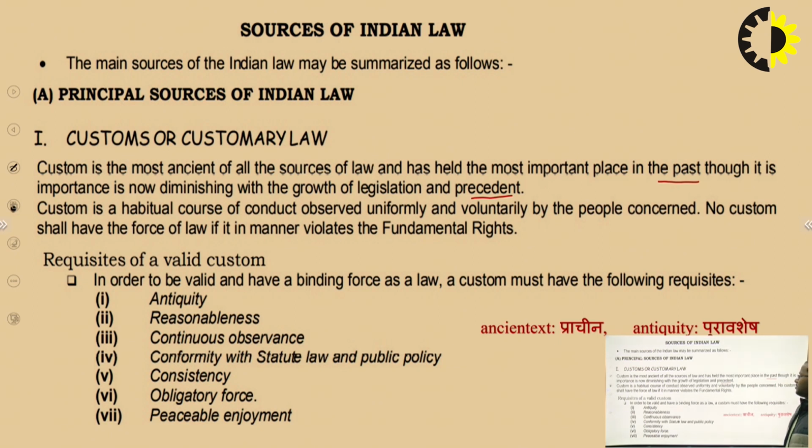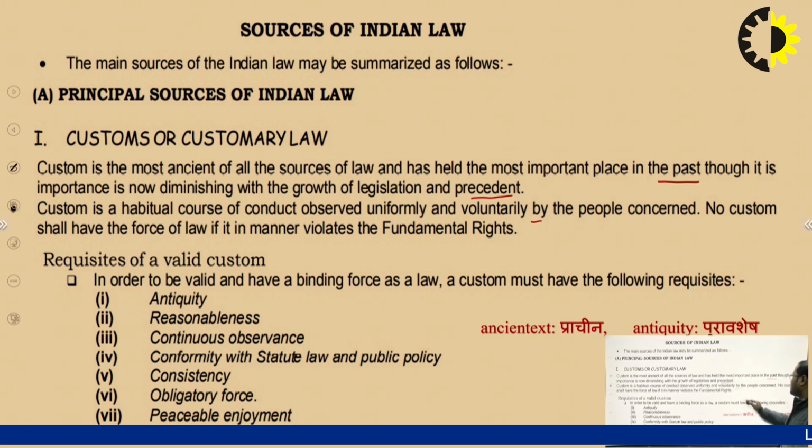Custom is a habitual course of conduct observed uniformly and voluntarily by the people concerned. No custom shall have the force of law if it in any manner violates fundamental rights.